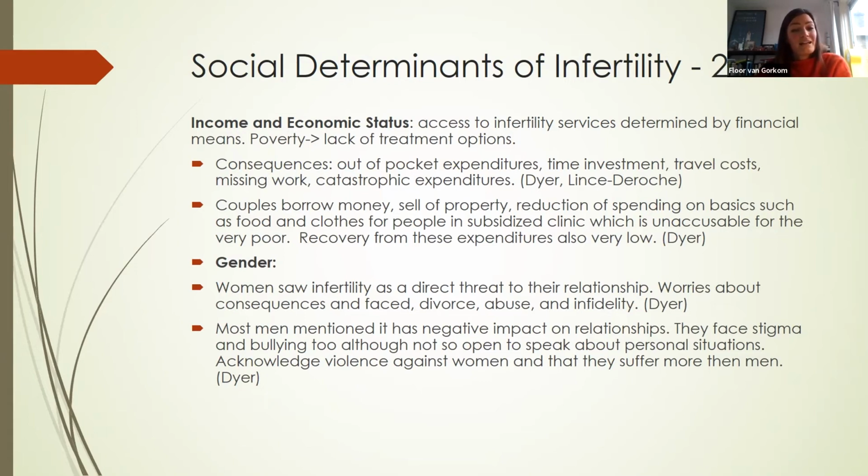And men see it a bit differently, in the sense that it also has a negative impact on their relationship, and that they are faced with stigma, although they don't speak about it so openly. And they acknowledge that women suffer much more than men, from stigma but also violence against them.